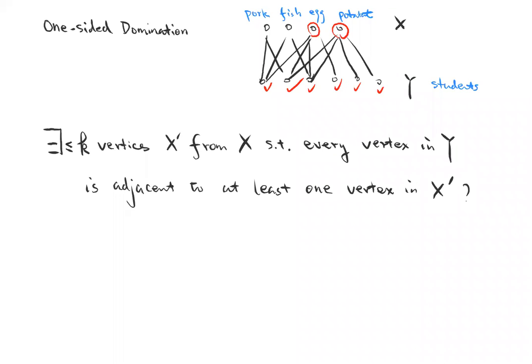We can prove that this problem is NP-complete by reduction from vertex cover. Again, the idea is by local replacement. It's really not easy to come up with a reduction by yourself quickly.